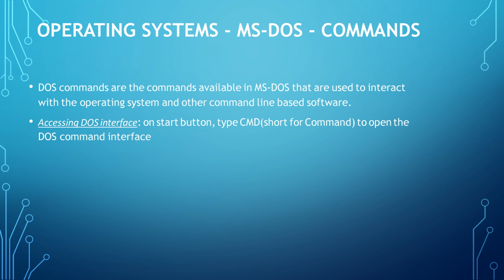We have operating system Microsoft DOS commands, and we say those commands are the commands available in Microsoft DOS that are used to interact with the operating system and other command line based softwares. Accessing DOS interface, on start button type CMD, short for command, to open the DOS command interface.